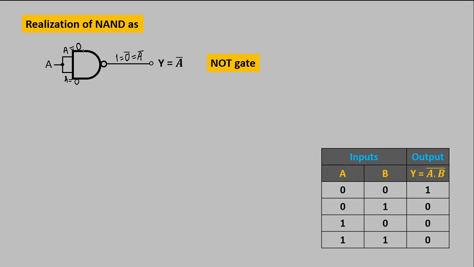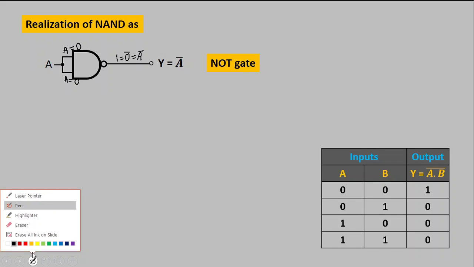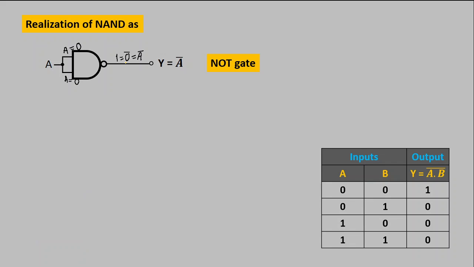Similarly, consider A equal to 1 as an input. An input can have two states only, 1 or 0. So instead of 0, let us consider the other input, 1. Now when I enter 1 here, the second input is also obviously 1. This is the combination 1 1, so the output is 0.